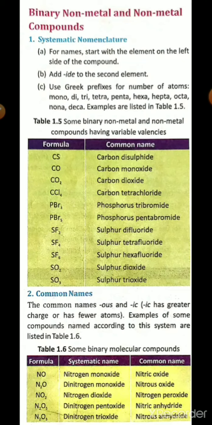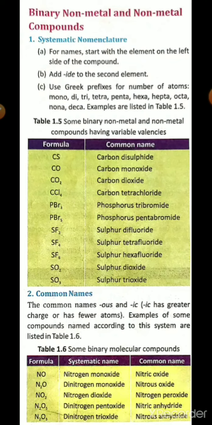Then NO2, nitrogen dioxide, and the common name is nitrogen peroxide. Then N2O5, dinitrogen pentoxide. Here you can see for 2 nitrogen it is di, and for 5 oxygen it is penta. Common name nitric anhydride. Then N2O3, dinitrogen trioxide, and the common name is nitrous anhydride.